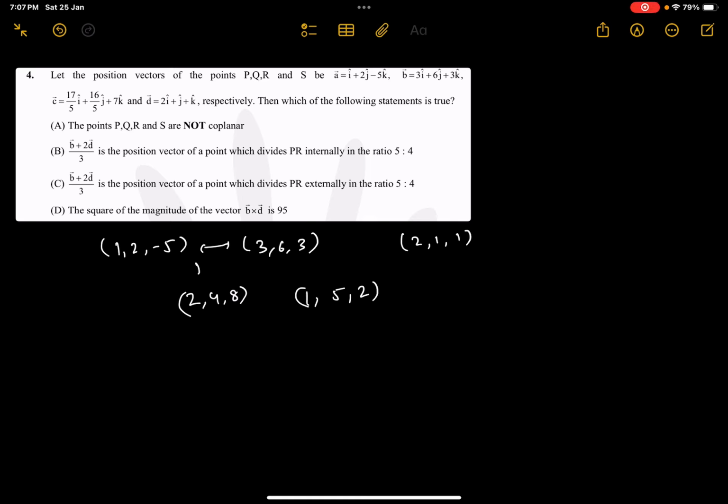So this is the PQ vector and this is the SQ vector. Now quickly let's find the cross product. i j k, 2 4 8, 1 5 2 is -32 i cap, 4 j cap, 6 k cap.